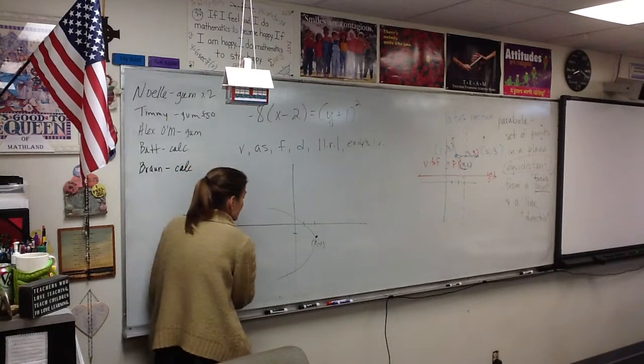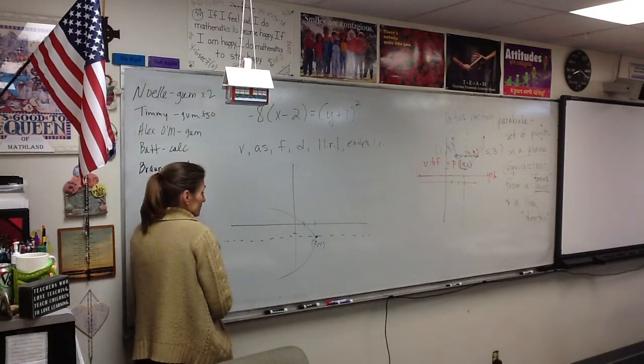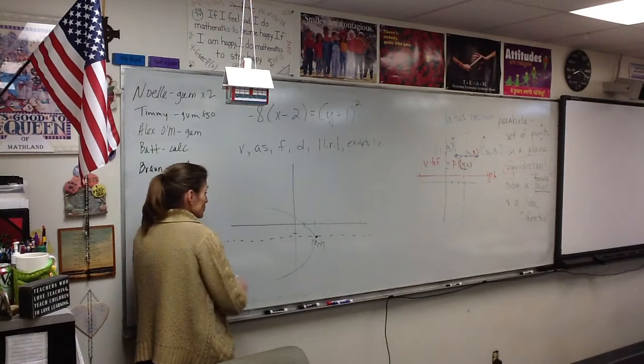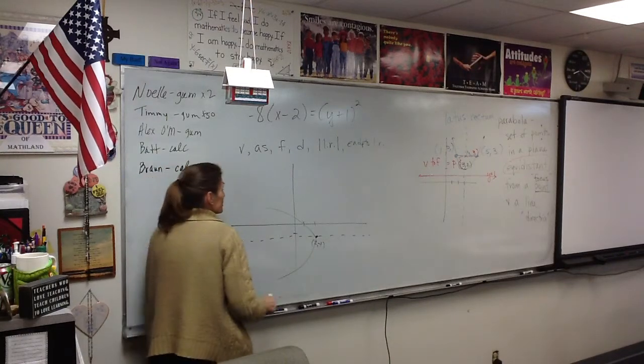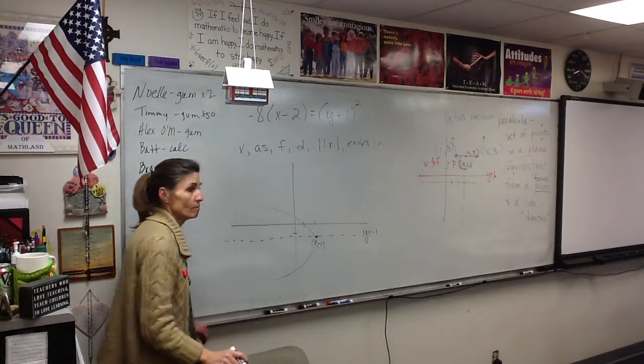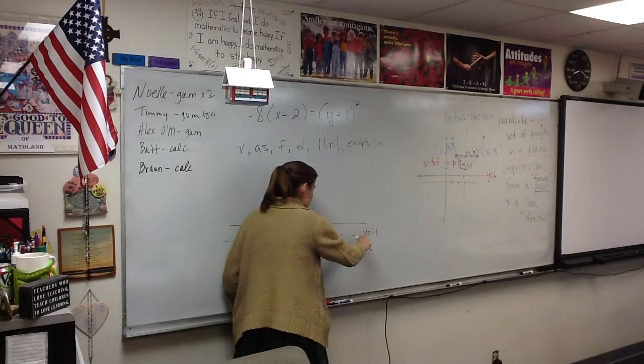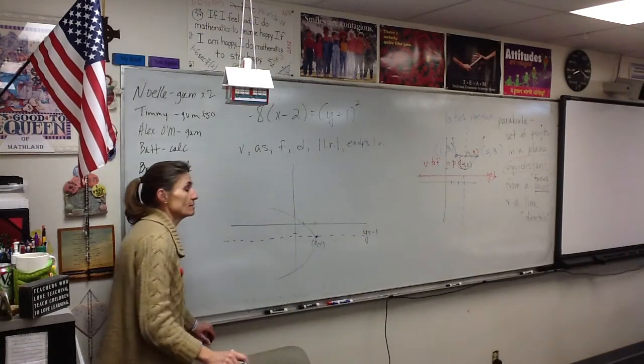Which means its axis of symmetry is what? Not x equals. Which y equals does it cross? -1. It's y equals -1. Whatever axis it crosses, that's the equation it is.